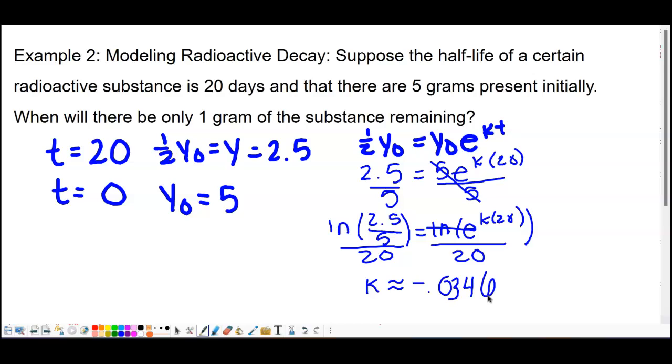So now the question is, when will there be 1 gram of substance? So same concepts, but now t is in question when y is 1. But I now know k. K is approximately negative 0.0346.